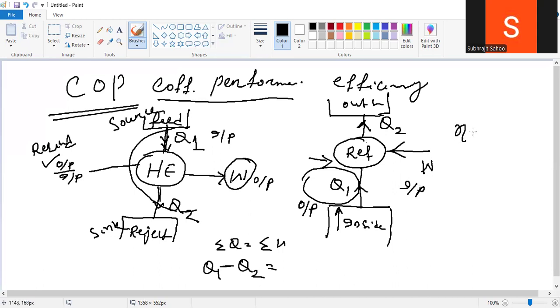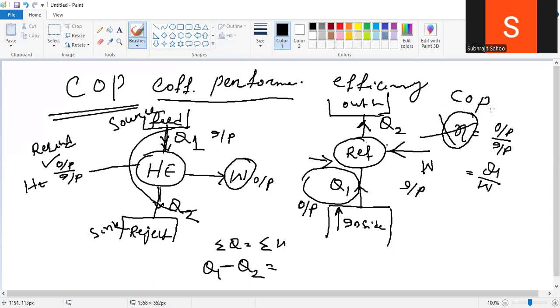Now efficiency becomes output by input. Here the output is Q1 and the input is W. But the efficiency term is not suitable for the refrigerator, though it is most suitable for the heat engine. So the efficiency term is not used here. The COP term is used instead, but the meaning is the same.